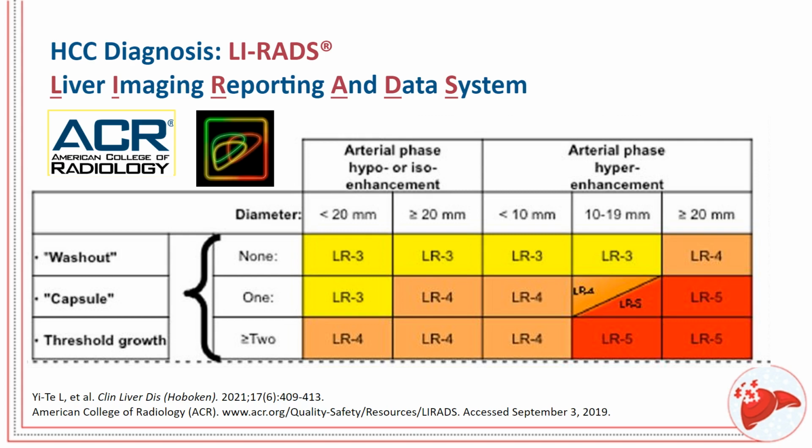So in this system, the features of hepatocellular carcinoma, washout and capsule, are taken into consideration with the size of those features, and also the threshold interval growth of those lesions is measured. And the mass lesion is further categorized into LI-RADS 1, 2, 3, 4, and 5 categories.